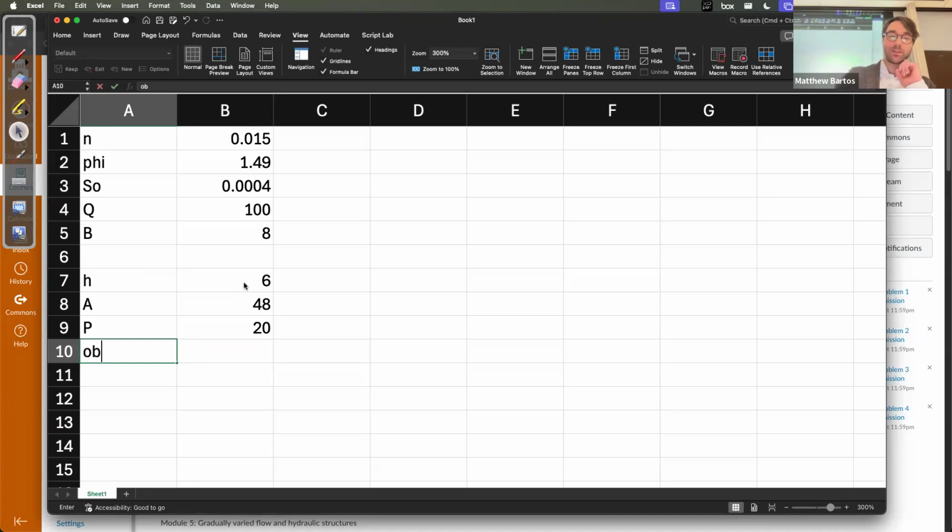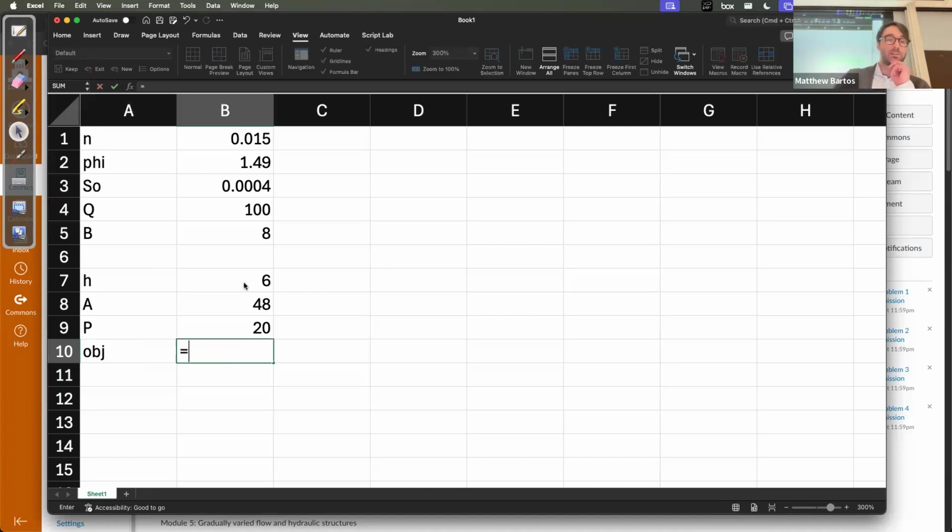And finally, we have to create an objective function, just like we've been doing up to this point. So our objective function is going to minimize the difference between the known discharge and our computed discharge as given by Manning's equation. So let's go ahead and do that. First I'm going to compute the discharge using Manning's equation. So that's going to be phi divided by n times the cross-sectional area to the 5/3 power.